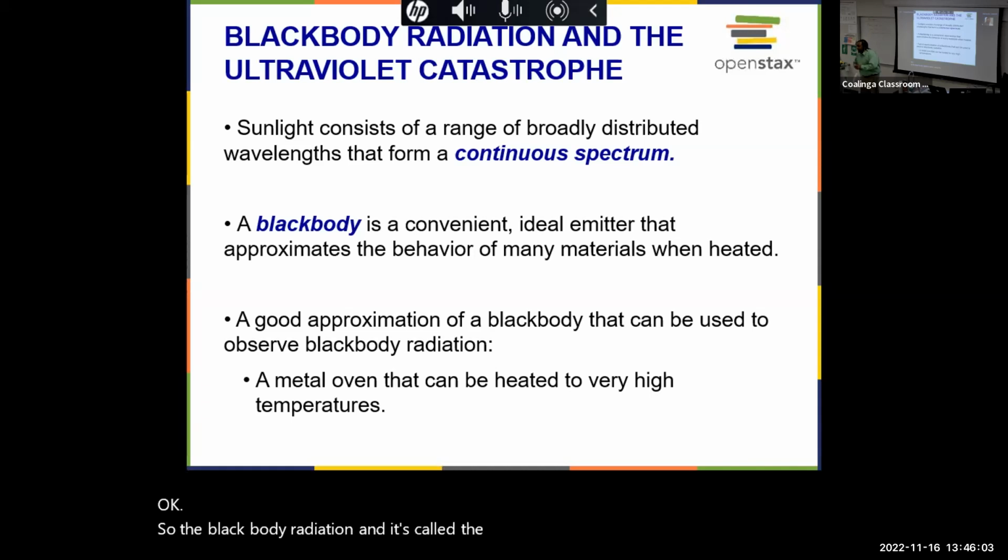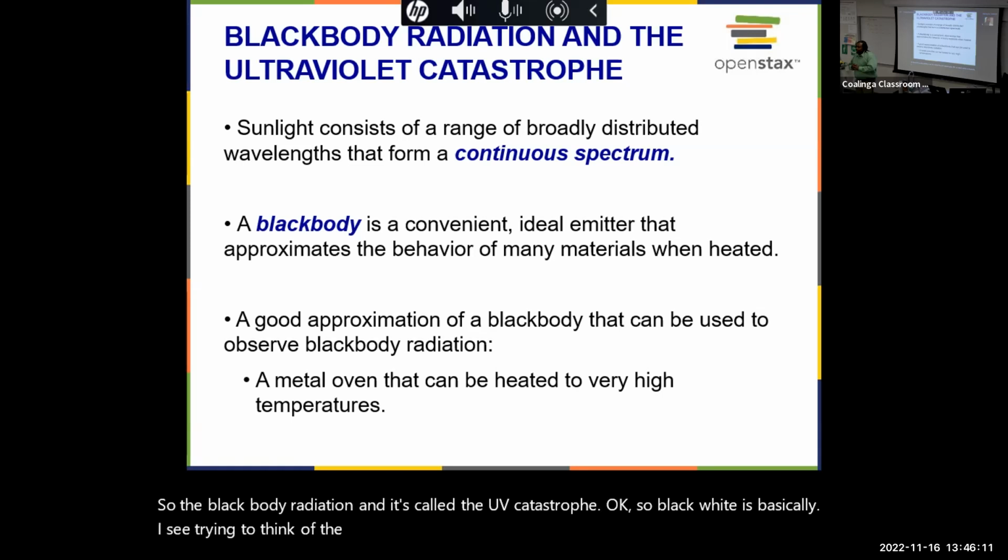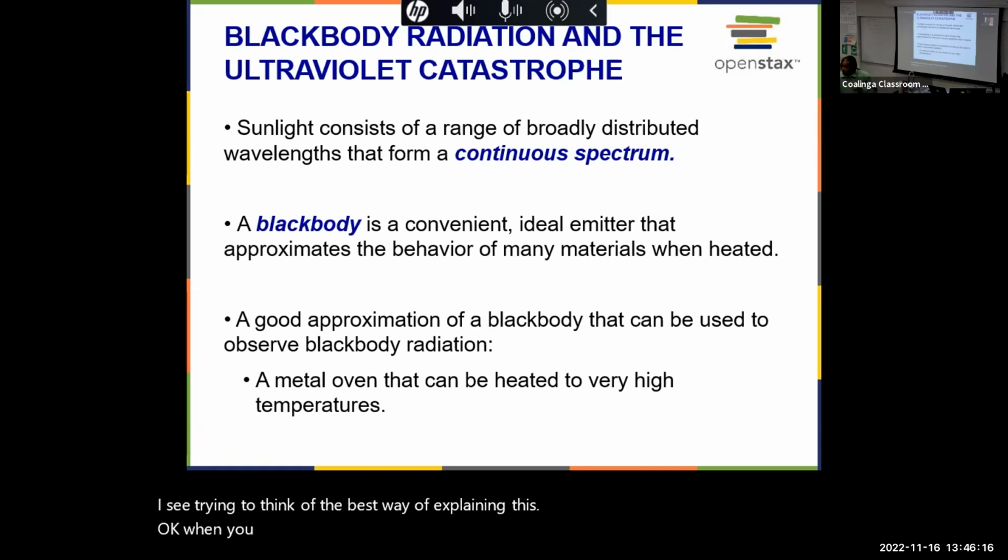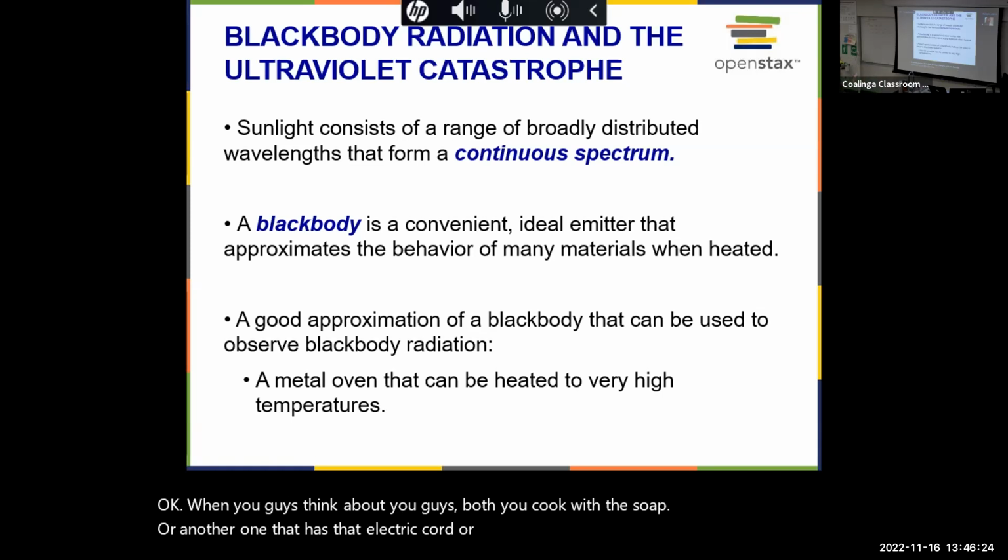So the black body radiation. Okay. So black body is basically... trying to think of the best way to explain this. Okay. Or an oven that has that electric cord. What happens to that, right?